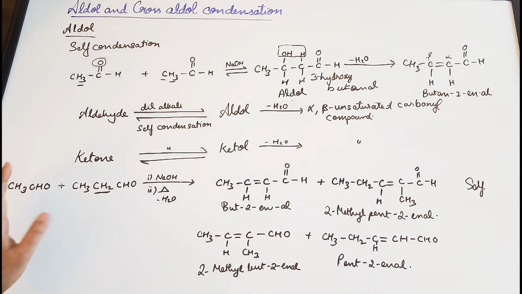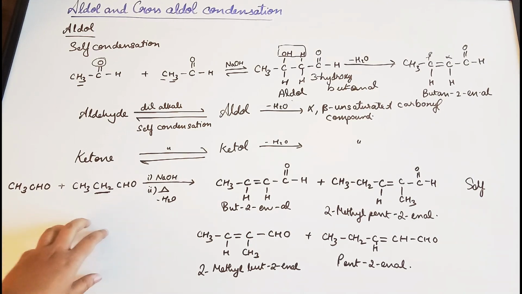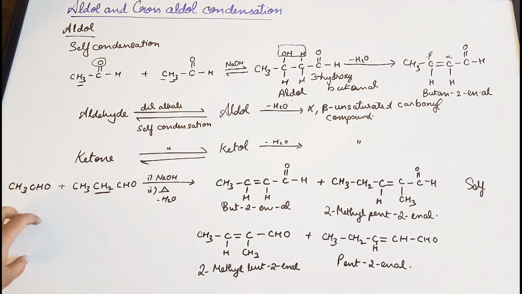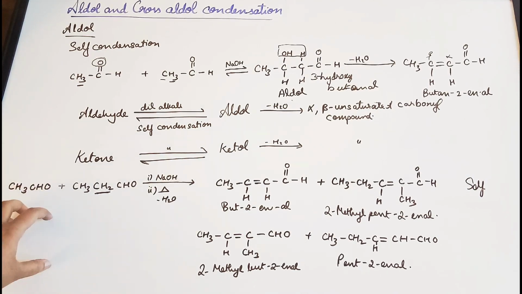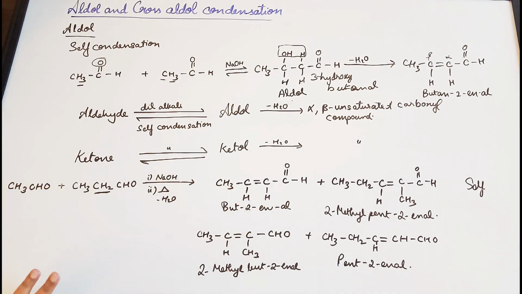Okay, do one thing. If you find this very difficult, put down the name of the compounds like how I did over here, the structures of those compounds side by side. The one which you're writing on the left is going to lose the aldehyde group and it's going to have a double bond, and the one on the right is going to retain the aldehyde group but it is going to lose the alpha hydrogen.